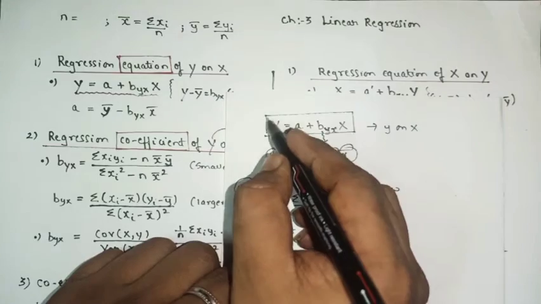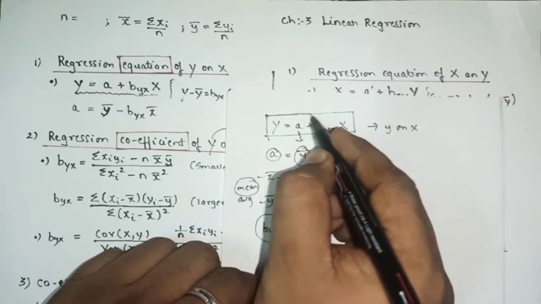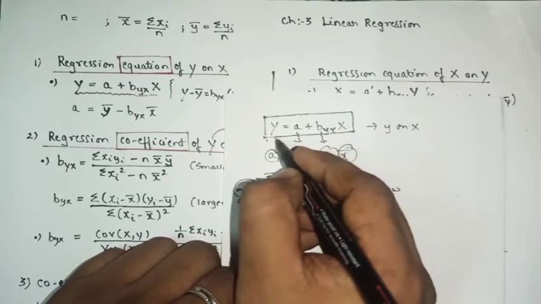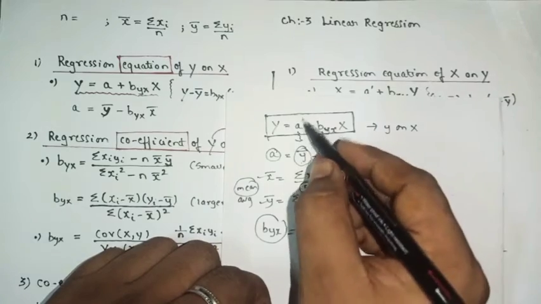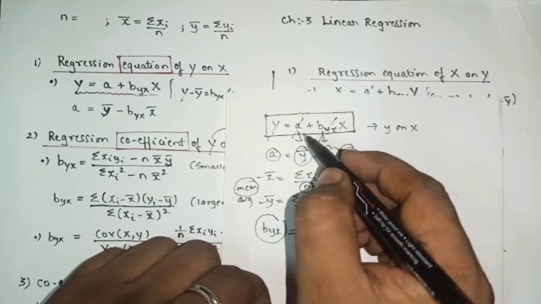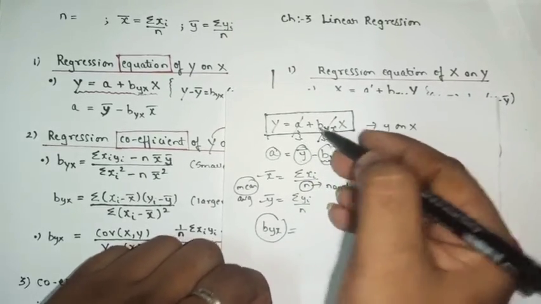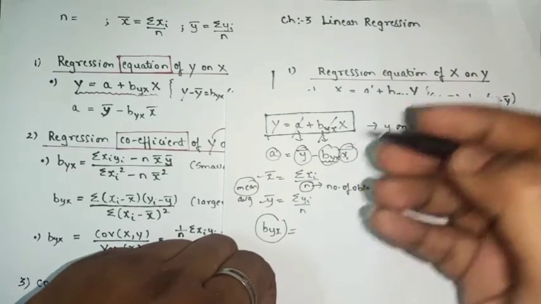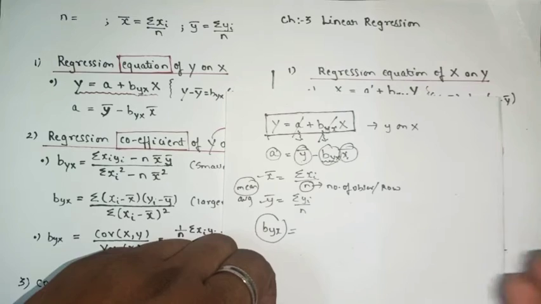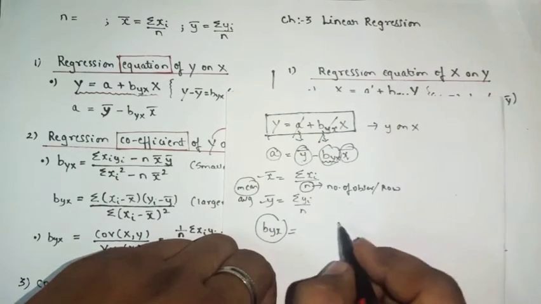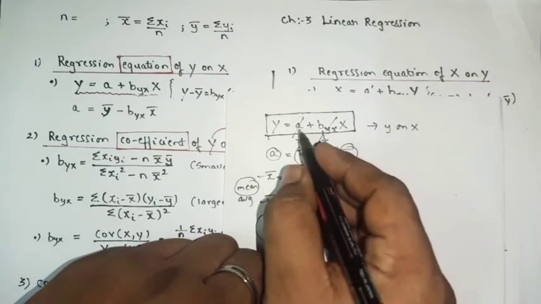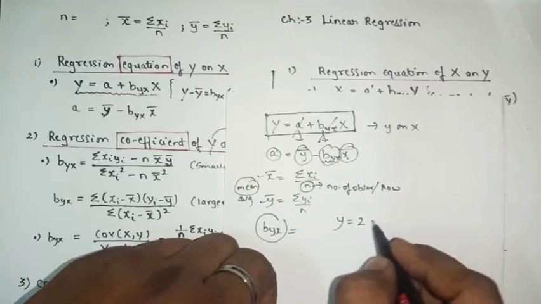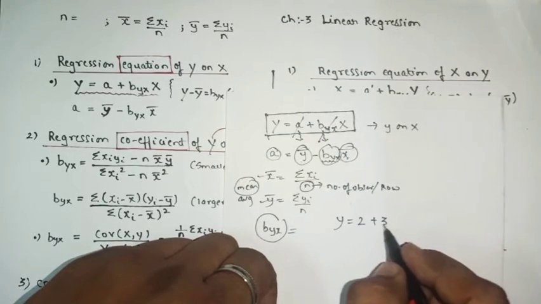After that you will write the regression equation of y on x, where you substitute the value of a and byx. Suppose the value of a is 2 and byx is 3.